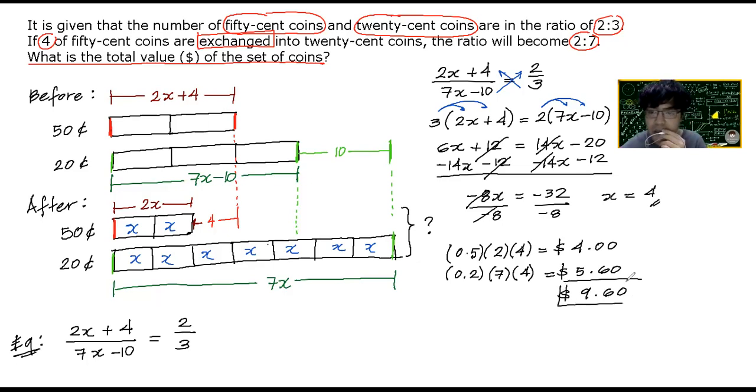Now, the problem was you are not sure if it is correct. In order for you to find out, we may be able to use checking. How will you check? You may find out the other way around. So let me go to the next page for checking. What if you get the total of 2x plus 4 plus 7x minus 10?